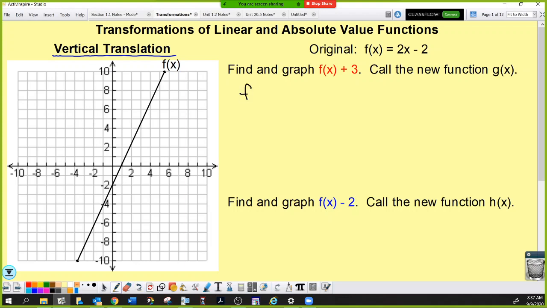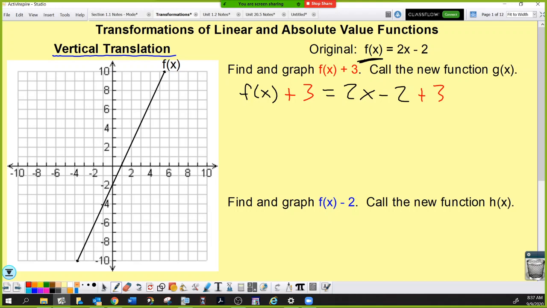Let's go ahead and find it. Let's figure out what f of x, and I'm going to do this part in red, plus 3 is. The left side has a plus 3 on it that wasn't there before. So my job is to make sure that plus 3 ends up on the far right of both sides of the equal sign. If you do it to the left, you better do it to the right.